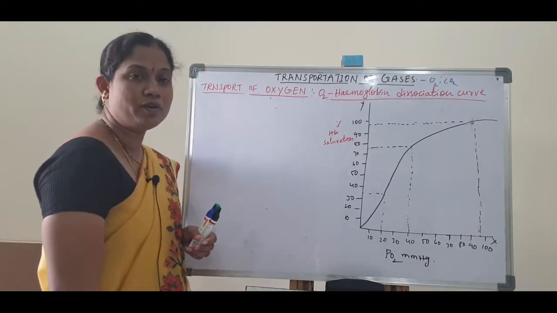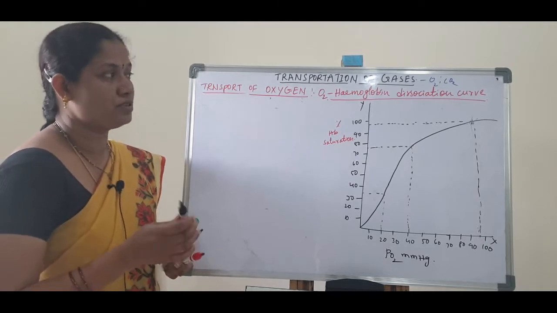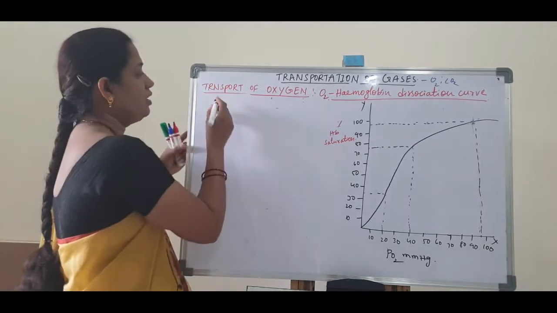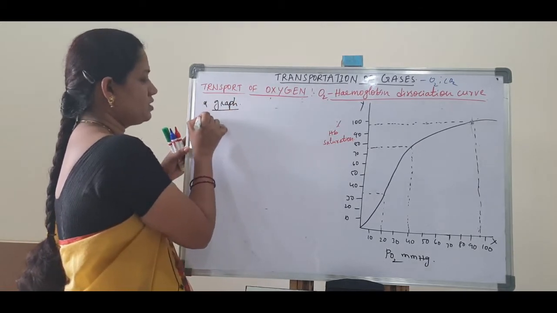Oxygen hemoglobin dissociation curve. The oxygen hemoglobin dissociation curve is a graphical representation.